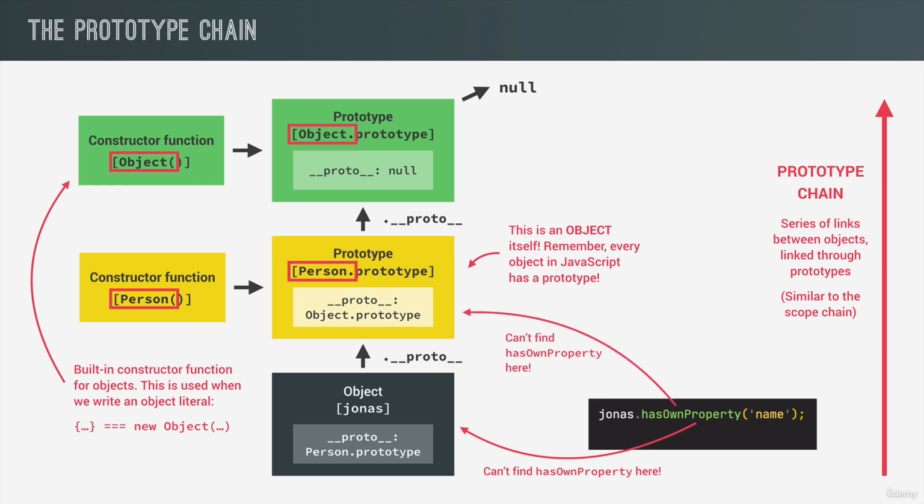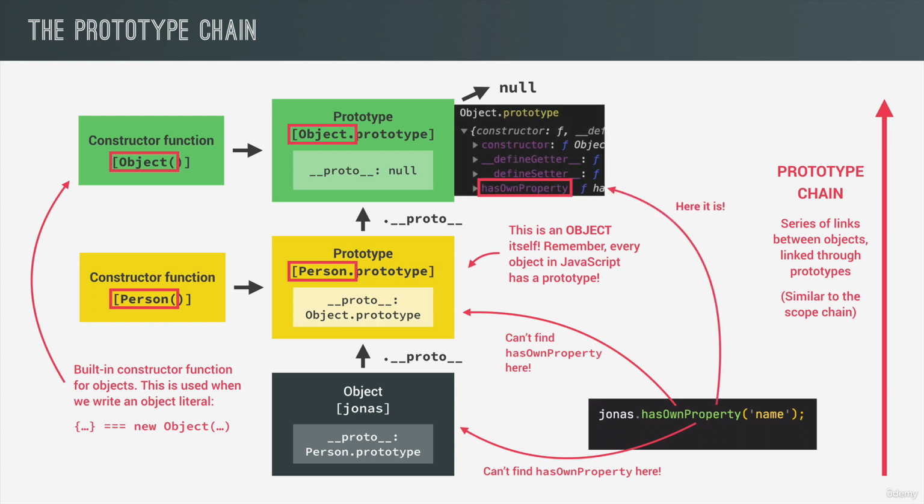Now, we didn't define any hasOwnProperty method there either, and so JavaScript is not going to find it there. And so, therefore, it will move up even further in the prototype chain and now look into Object.prototype. And Object.prototype does actually contain a bunch of built-in methods, and hasOwnProperty is one of them.